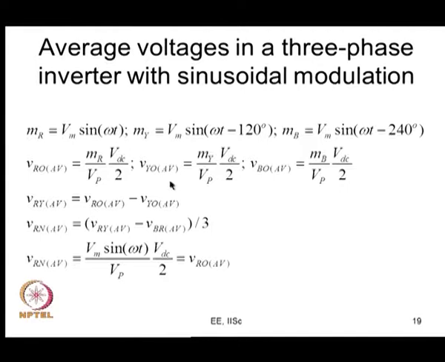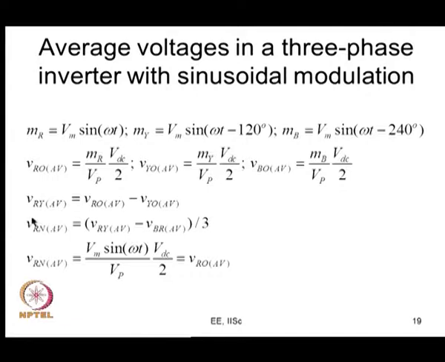Similarly, VYO average during linear modulation is MY by VP times VDC by 2, and the VBO average is also MB by VP times VDC by 2. When the B phase modulating signal becomes higher than VP, VBO average is clipped to plus VDC by 2. When MB becomes lower than minus VP, then VBO average is clipped to minus VDC by 2.